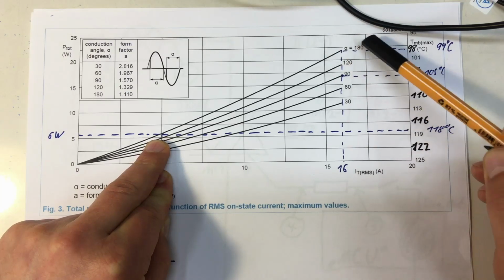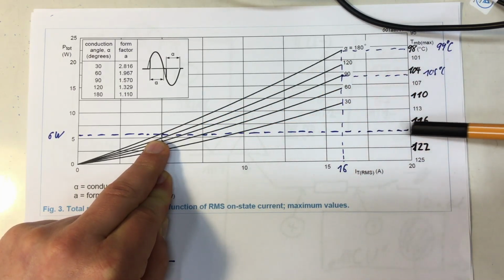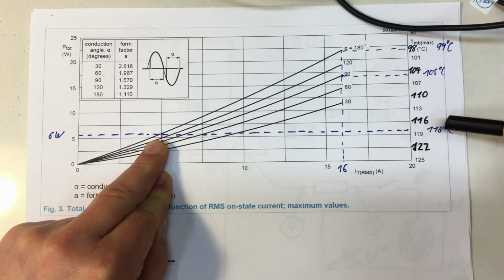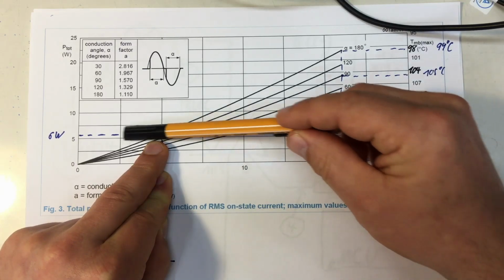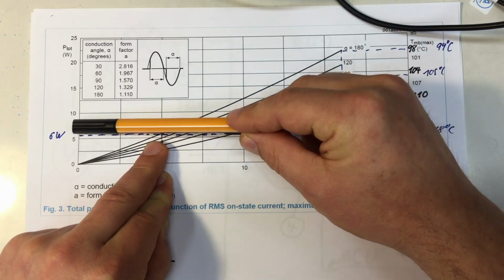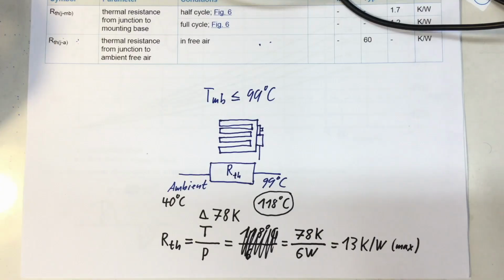We switch it on full time. And that gives us a maximum mounting base temperature of 118 degrees and a power dissipation inside the thing of 6 watts.